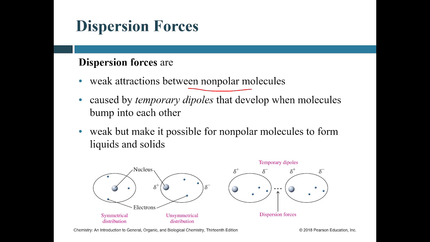These are going to be caused by temporary dipoles that develop when molecules are near each other. Okay? They're going to be weak, but they make it possible for nonpolar molecules to form things like liquids and solids. Again, you can build up to become something that's quite hard to actually melt due to these dispersion forces, because they're ubiquitous, all the time.